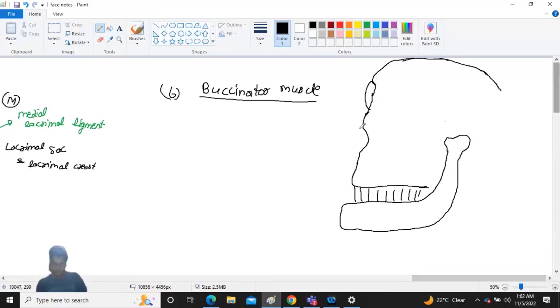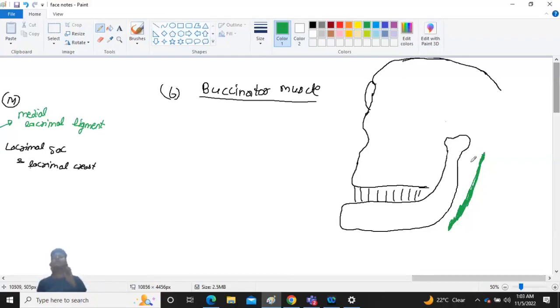This is the eye. So here a ligament is present, which is called the pterygomandibular raphe.